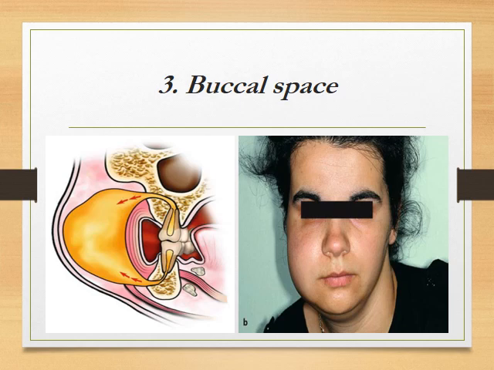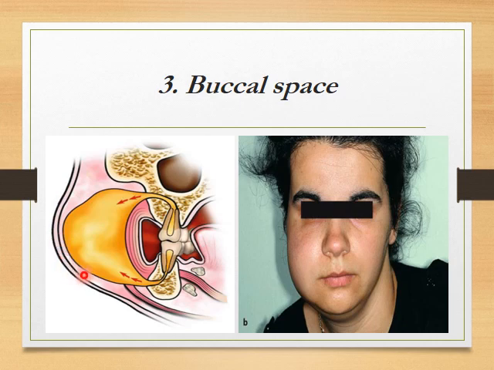What is its location or boundaries? The buccal space is bounded by the overlying skin of the face on the lateral aspect and the buccinator muscle on the medial aspect. So medially we have the buccinator muscle, laterally we have the overlying skin.